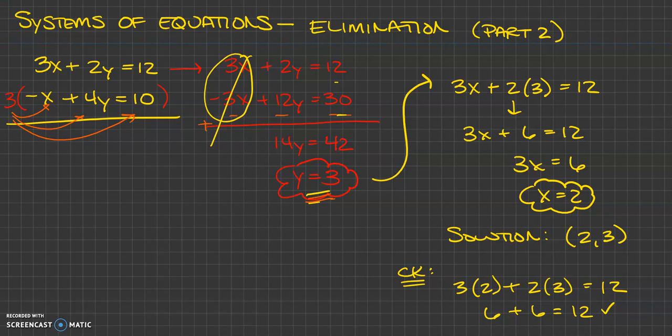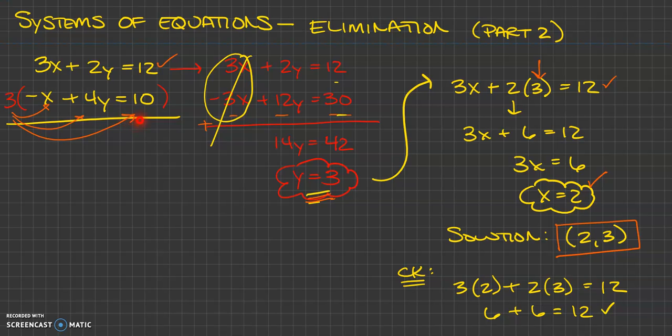If y is equal to 3, then I substitute 3 in for y. Here I'm using the first equation, and once I substitute and work through the math, I get x equals 2. So my solution, these two equations are lines. They can both be written in the form of y equals mx plus b.